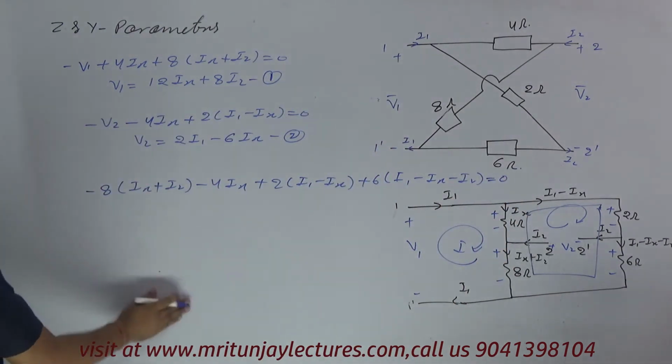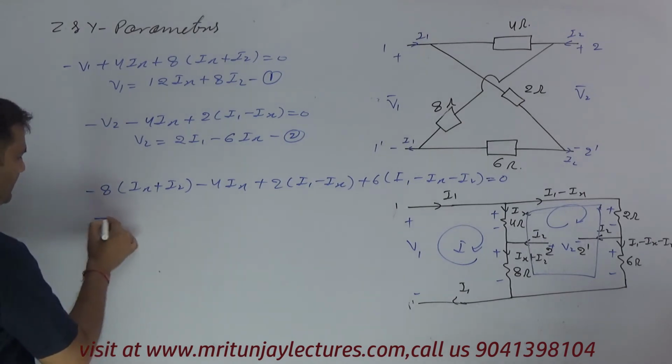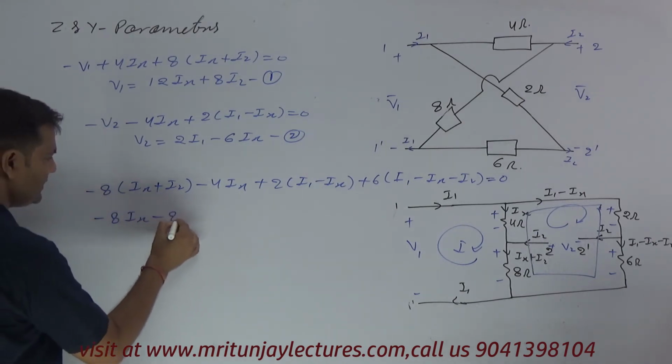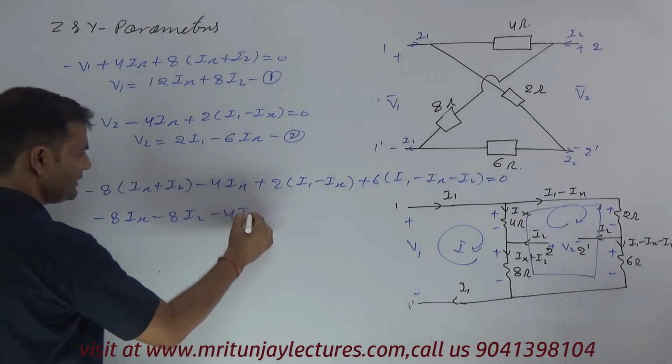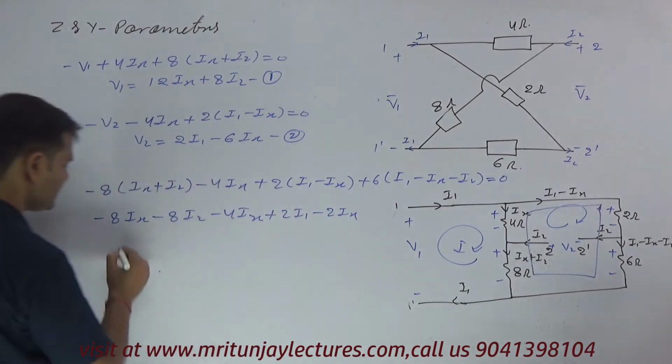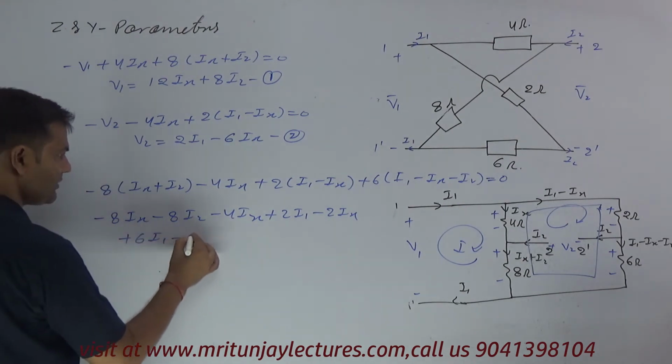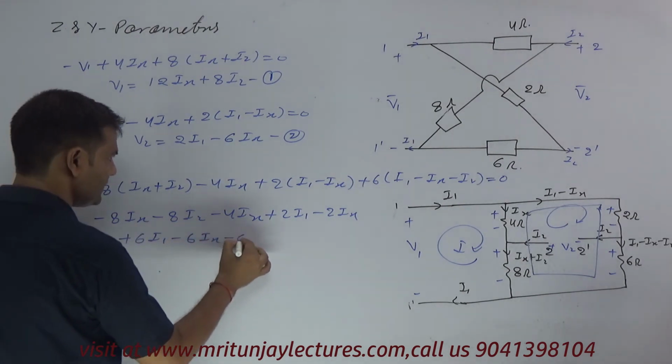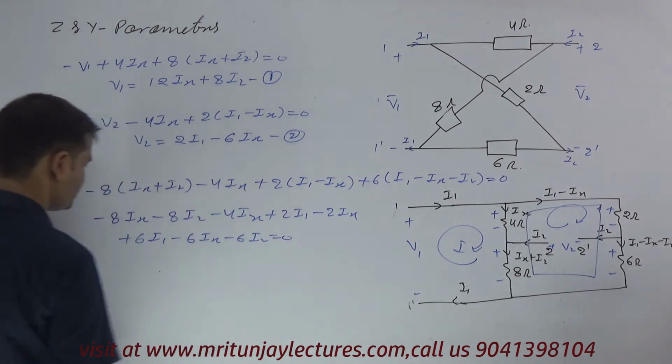So finally minus 8 ix minus 8 I2 minus 4 ix plus 2 I1 minus 2 ix plus 6 I1 minus 6 ix minus 6 I2, this will be equal to 0.